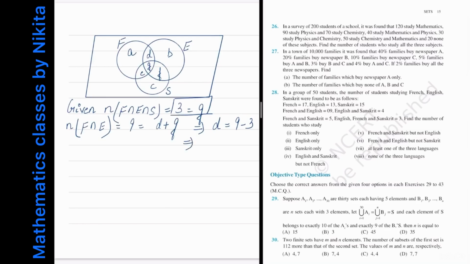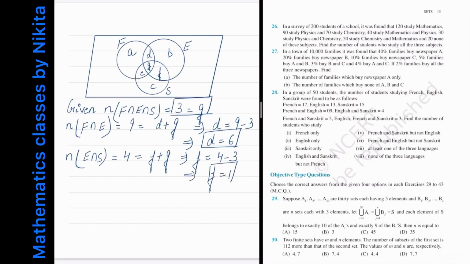So this implies D is equal to 6. So mark this also. Now what is n of E intersection S? E intersection S is given to be 4, and from the Venn diagram you can see that this is equal to F plus G, and this implies that F is equal to 4 minus G, which is 3, and this implies that F is equal to 1.